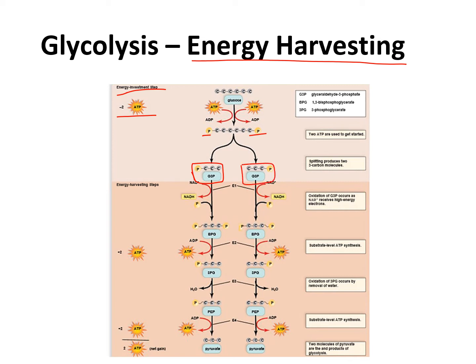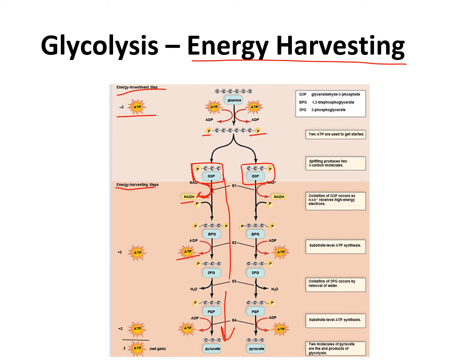Now, each of those G3P molecules is now going to be oxidized through a series of reactions. So oxidized means energy is going to be removed, hydrogens are going to be removed, and that's energy harvesting. And that energy that is removed is then going to be used to reduce NADH or to produce ATP.